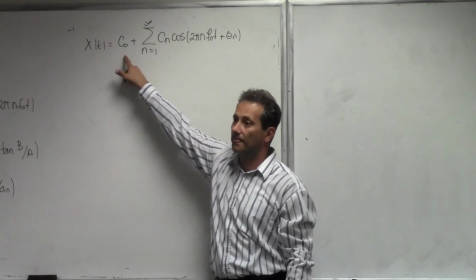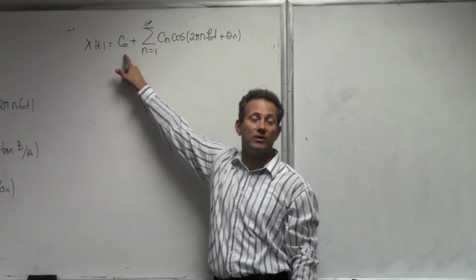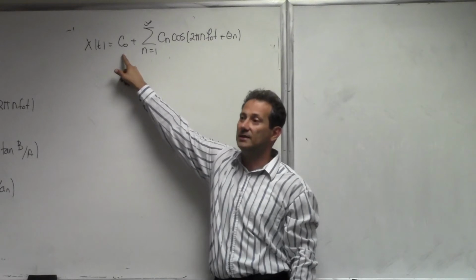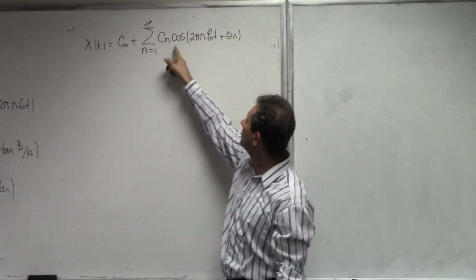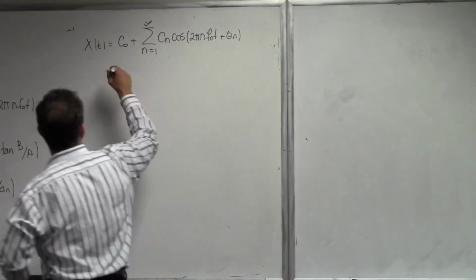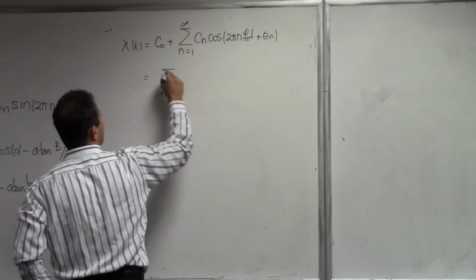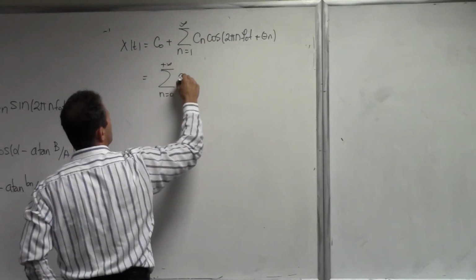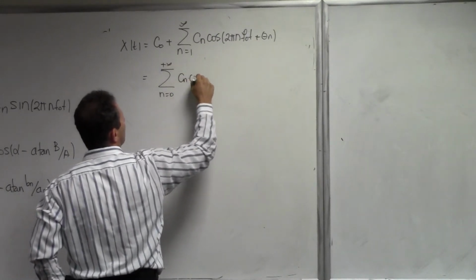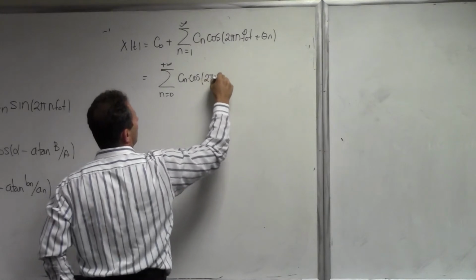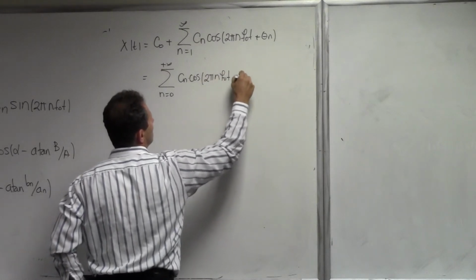This C0 is also a cosine of what frequency? What is n in this case? Zero, right? So I can essentially rewrite this in one more way, but I don't recommend it. You can say Cn cosine 2 pi n f0 t plus theta n.